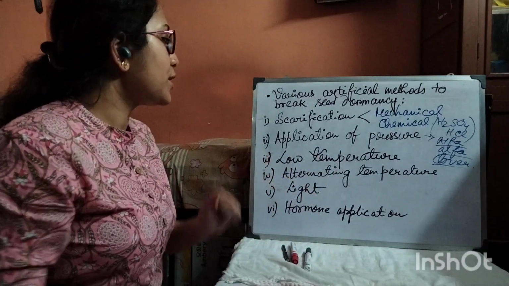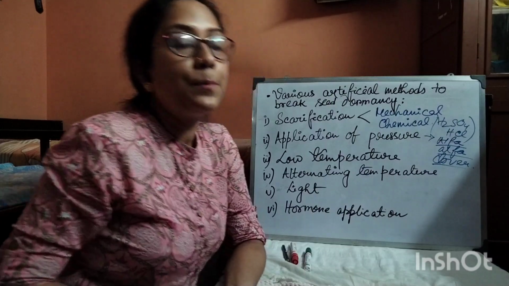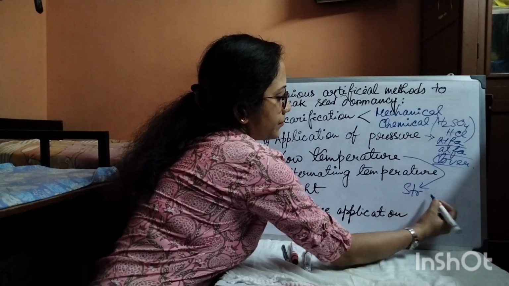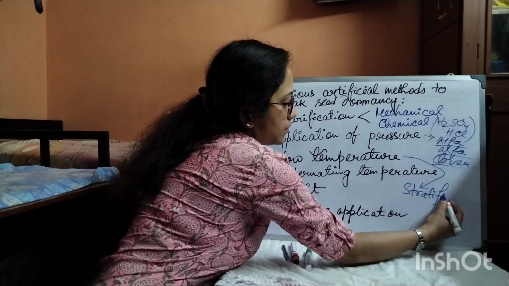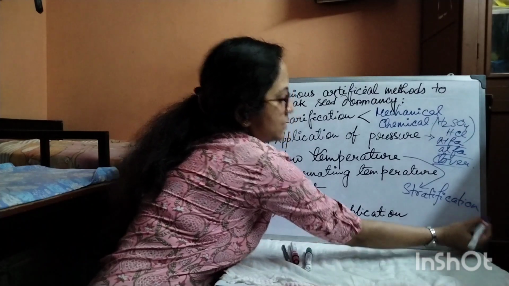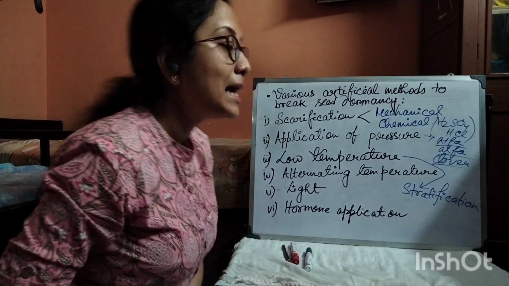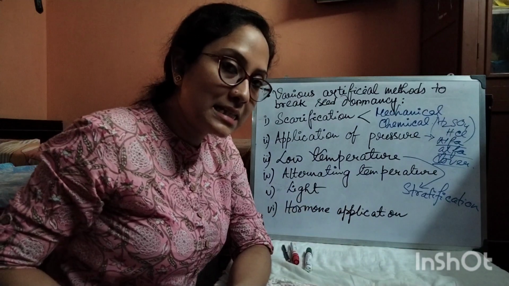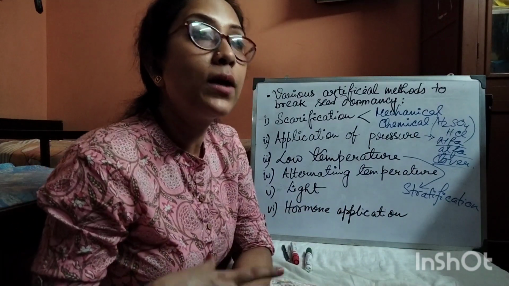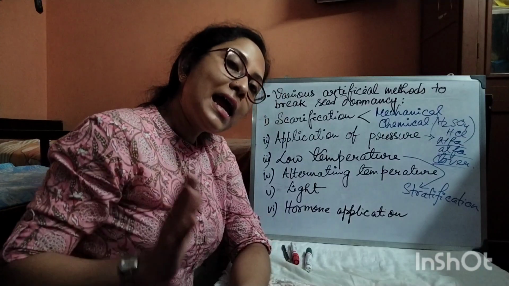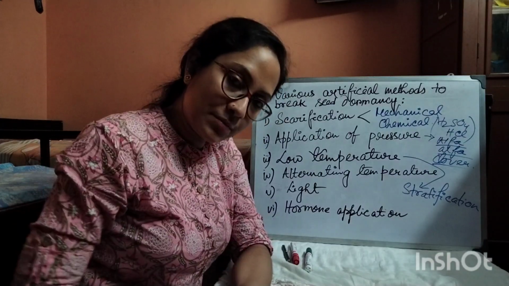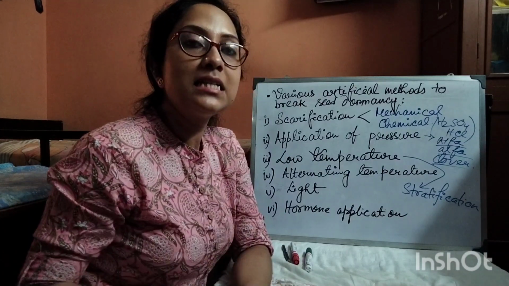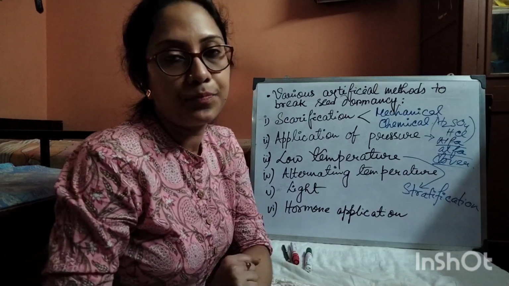Okay, the next point is low temperature. Another name for this is stratification. If we keep the seeds coated with a kind of moss named sphagnum and keep them at 5 to 10 degrees Celsius, which is termed the stratification procedure, then the seeds eventually start germinating.